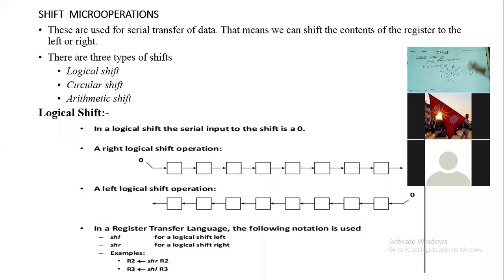And suppose we want to perform the operation on register R, if I write like this, this means perform circular shift right on the content of register R. If we write like this, this means perform circular shift left on the content of register R.